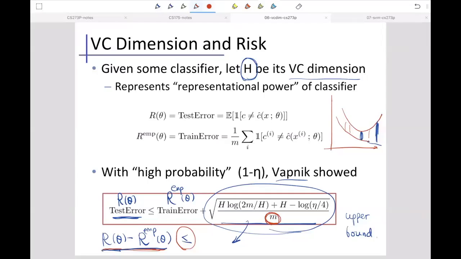However, there's another number here, this eta. The reason is this: it turns out that this gap is not deterministic, because you cannot say for sure this is always true. What the theoreticians proved is that this is true only with high probability. That's the reason you have this eta term, saying that with high probability 1 over eta, this is true.